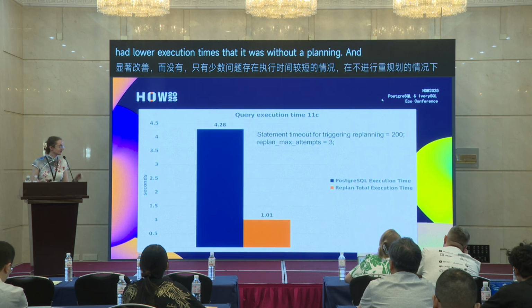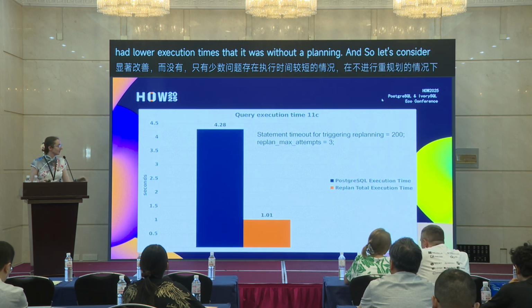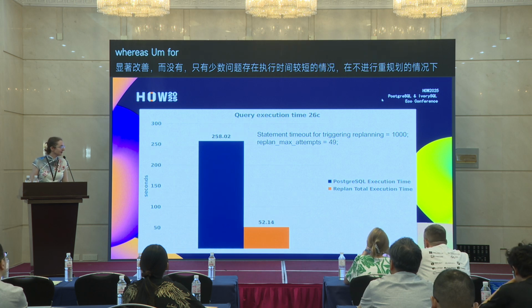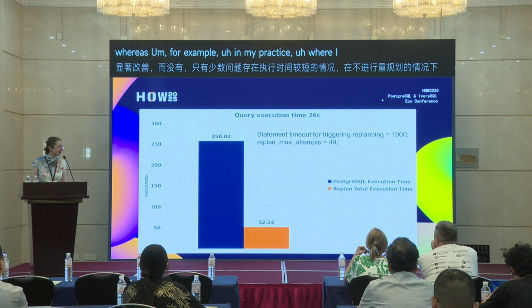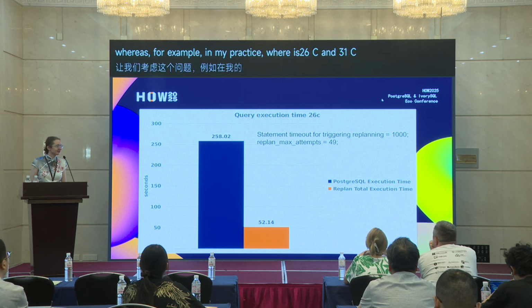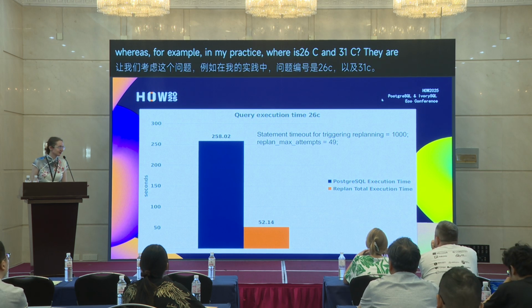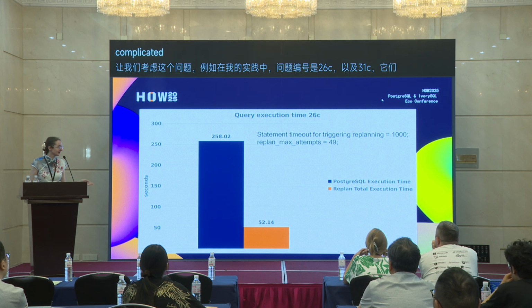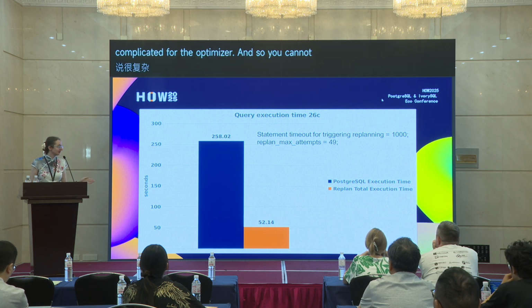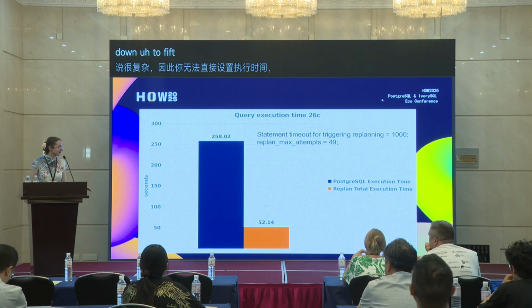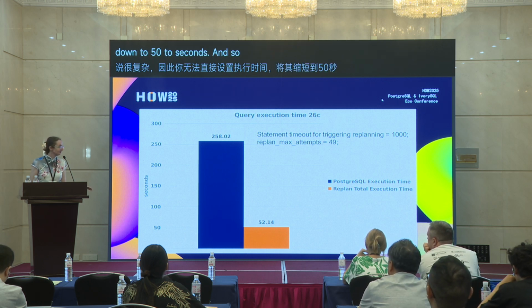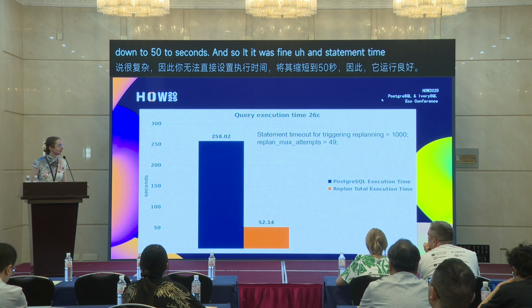So let's consider these queries. For example, in my practice, queries 26C and 31C are complicated for the optimizer. You can notice that the execution time was cut down to 52 seconds, and so it was fine. And the statement timeout was set to 1,000 milliseconds.